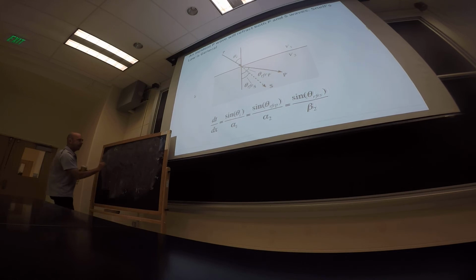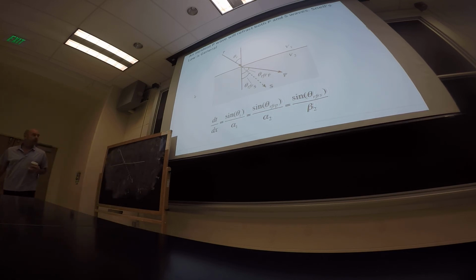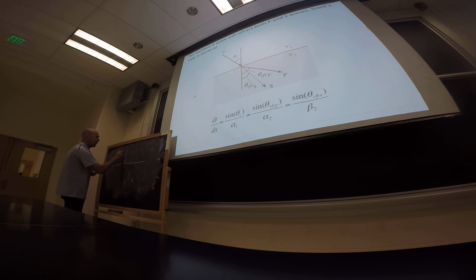Okay, so let's say that we have a condition where a P wave comes in and it generates a straight shear wave. There's no refraction, right? And let's say that this angle is 30 degrees. And we have a P wave in the lower medium somewhere.